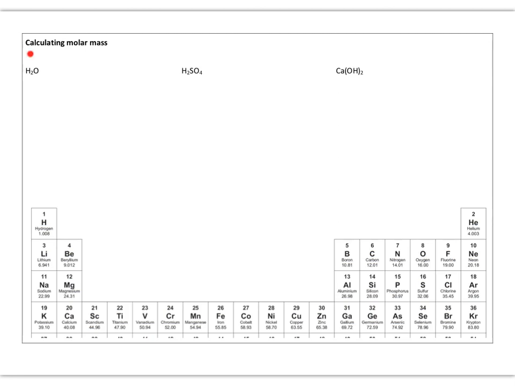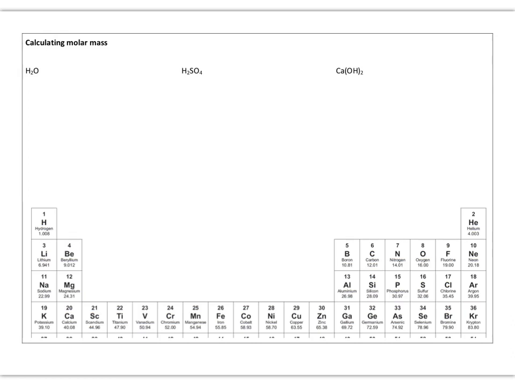So the next thing we need to be able to do is calculate the molar mass, or the relative formula mass, or the average formula mass, whichever terminology you want to use, for various molecules, or in this case ionic compounds like calcium hydroxide. This is a fairly straightforward process where we use the periodic table.